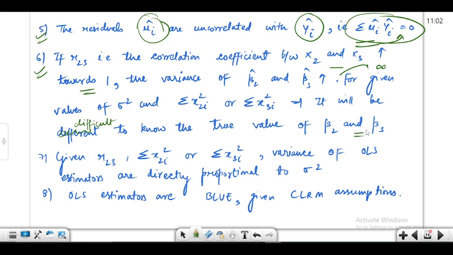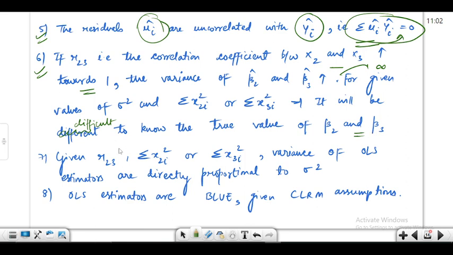If a particular parameter has a very high variance, you cannot rely on the value of that parameter. You cannot be sure what is the true value of that parameter because there is so much variance. That is what is being told by this property.